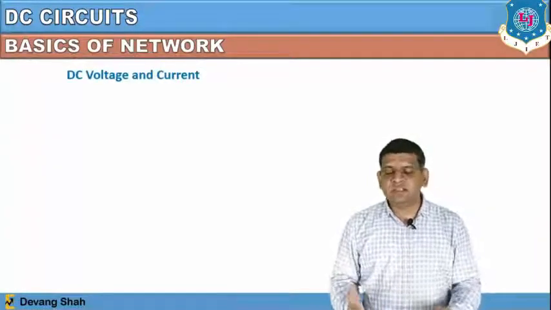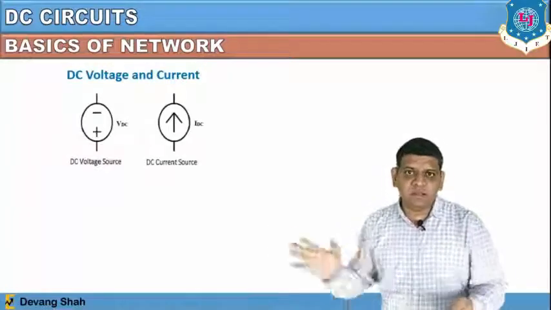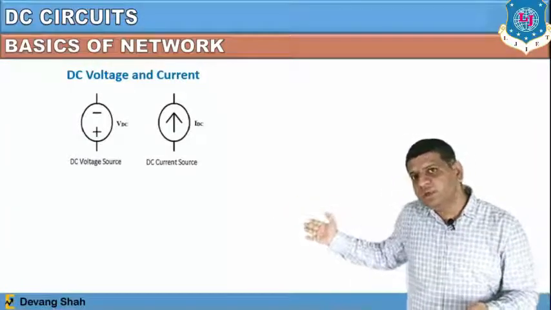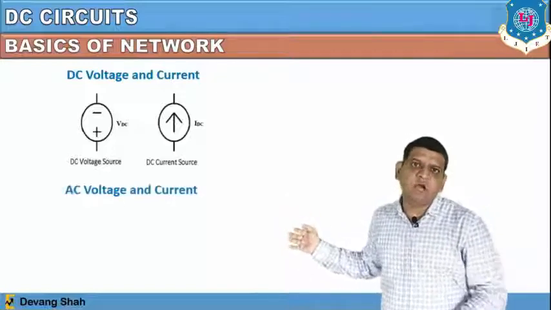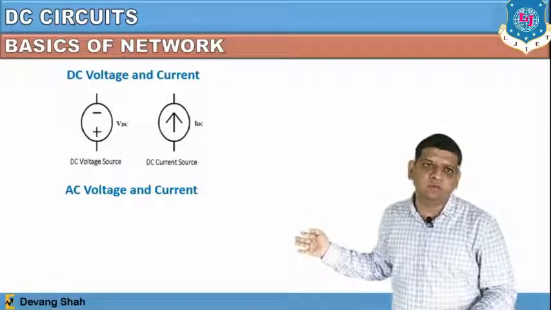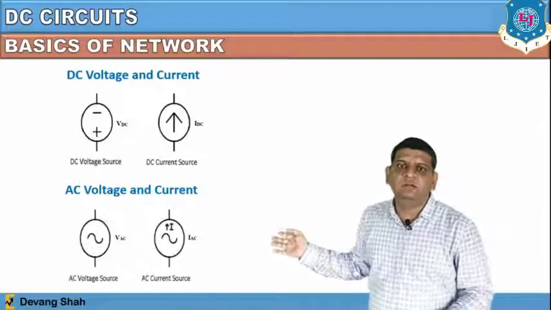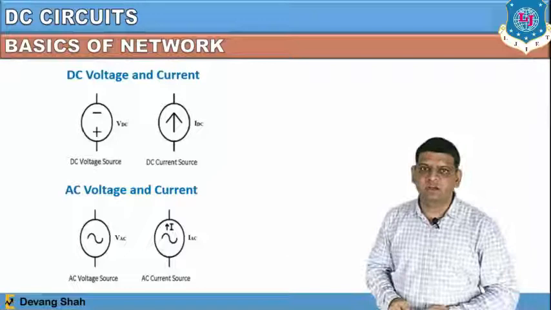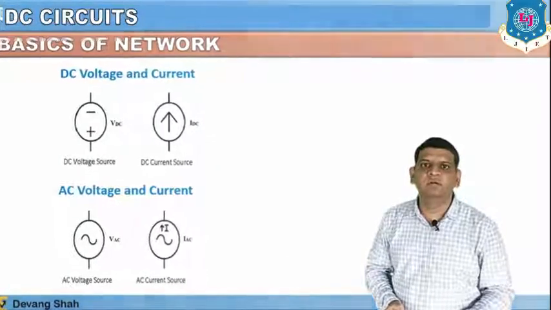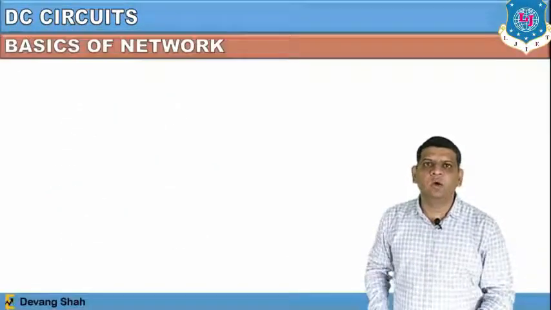So there are different sources you have to connect to a circuit. Let's say some DC voltage sources and current sources; here you can see the symbols of the DC voltage source and DC current source, right? In the same way you have AC voltage and AC current sources, and you can see their symbols here.